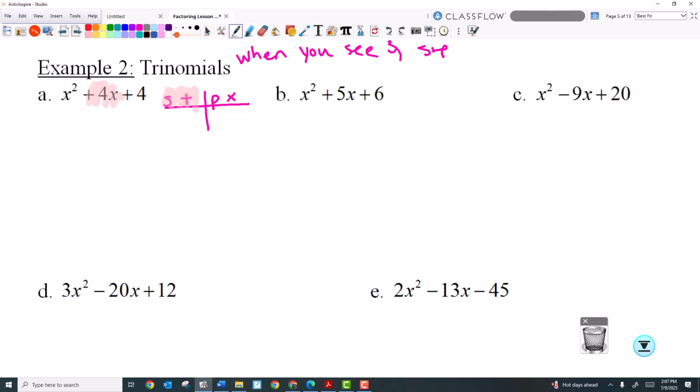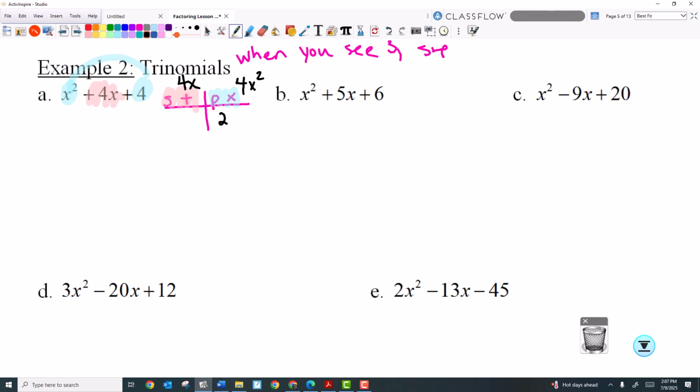So it's going to be 4x. Your product is always the first times the last, so that's going to be 4x squared. So what you're trying to do is figure out what two terms multiply to give you 4x squared and add to give you 4x.